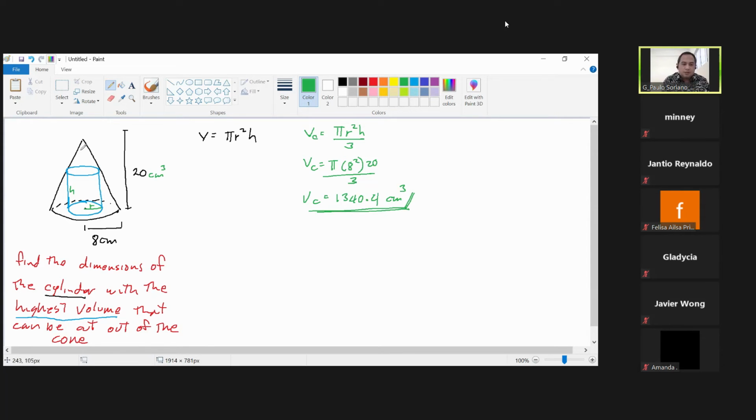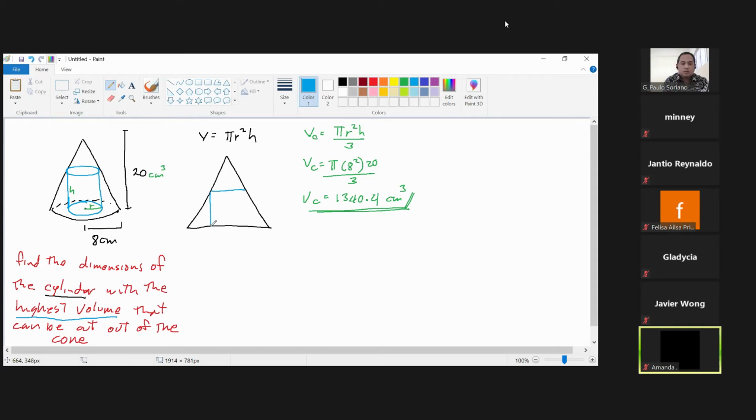However, if you look at this one side view, just a plain side view, the cone forms a triangle, right? And at this point of view, our cylinder forms a rectangle.